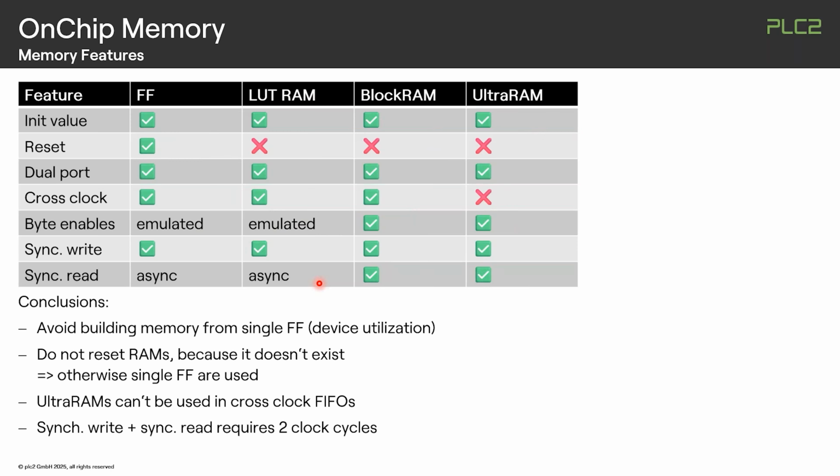That's one limitation. And the synchronous write and synchronous read operation requires 2 clock cycles. So if you want to write generic VHDL code that's inferring BlockRAM and URAM, or has a possibility to switch between all these different techniques, we need to write it down with two clock statements in one process in VHDL.